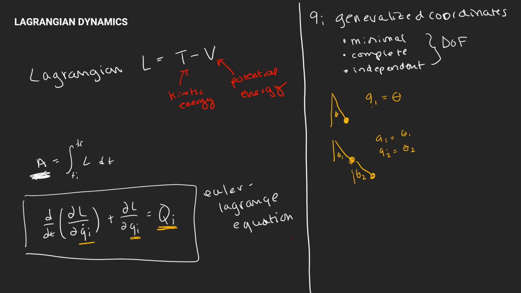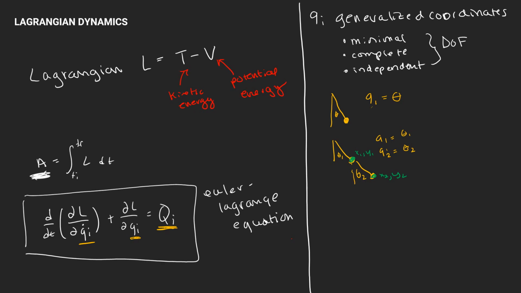So really, we've been using coordinates that can be used as generalized coordinates to describe our system. Now remember that if you wanted to, you could describe the location of this point in terms of an x1 and a y1, and this as x2 and y2. You can quickly see that in this case you would have 4 coordinates, which does not meet the requirement of minimal.